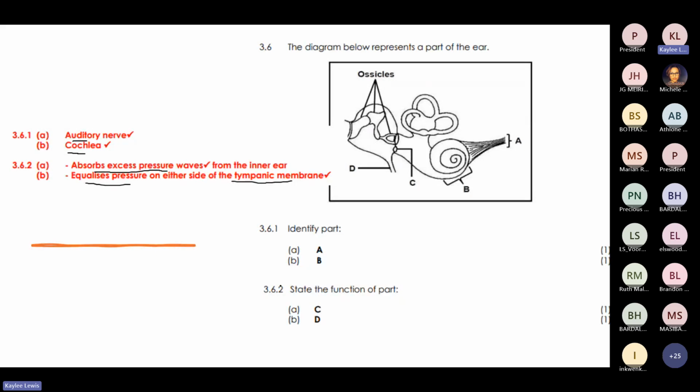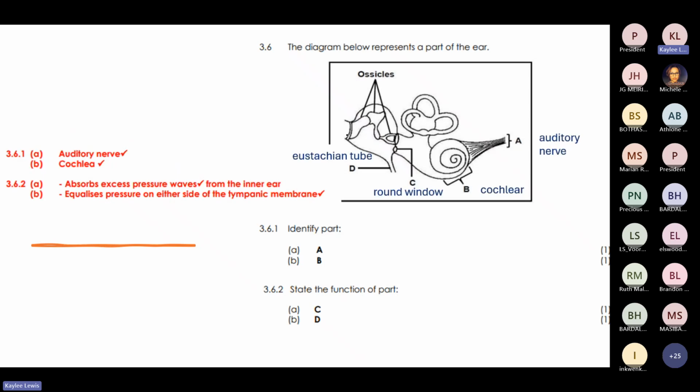So the function is to equalize pressure on both sides of the tympanic membrane. Because if pressure builds up in the middle ear and the eustachian tube can't equalize it, it can burst the eardrum. Okay, so important to know the labels, but also the functions of the ear.